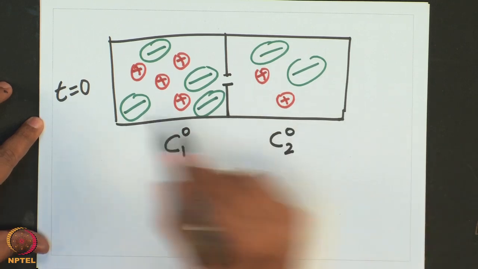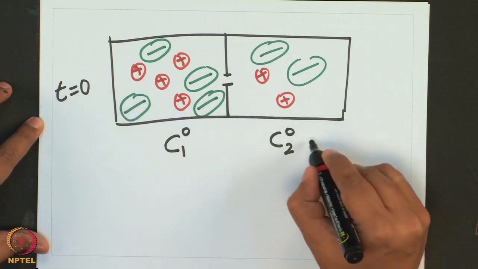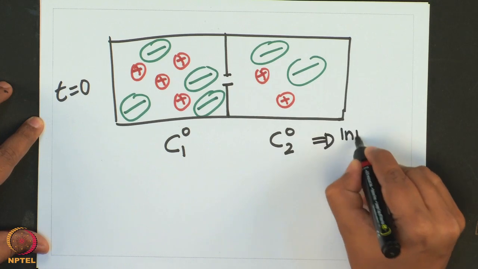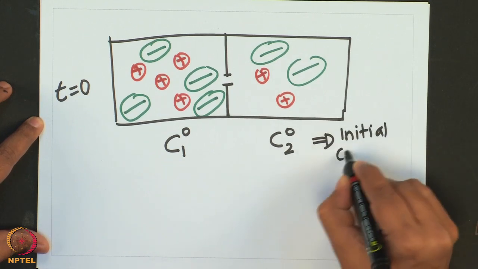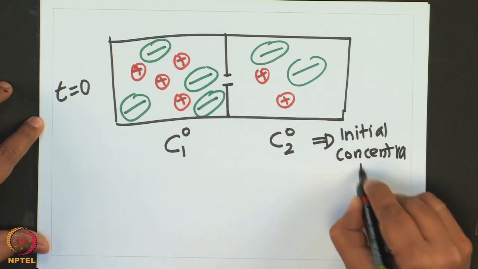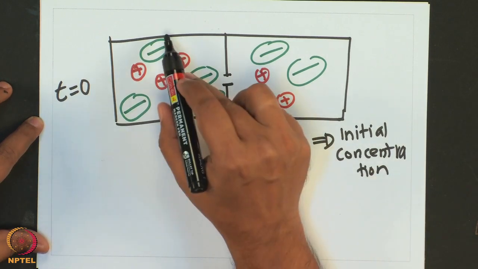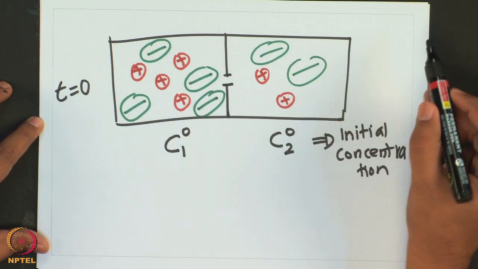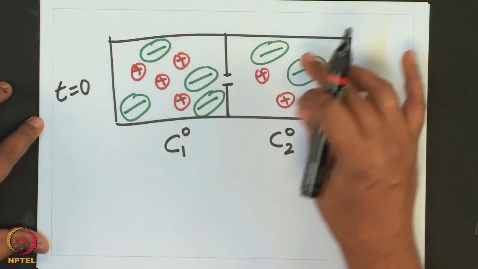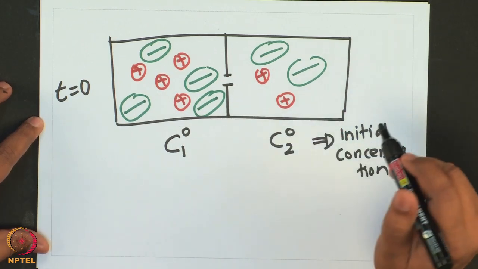The 0 indicates it is the initial concentration, at t equal to 0. This is important to remember, because there is a final equilibrium concentration which is different from this. C10 and C20 could be, for example, 10 micromolar and 5 micromolar.